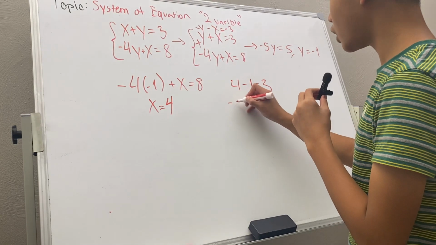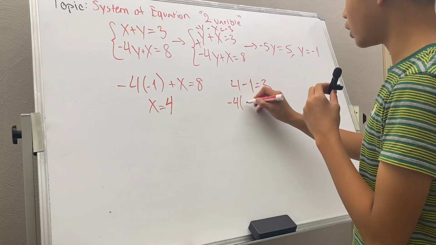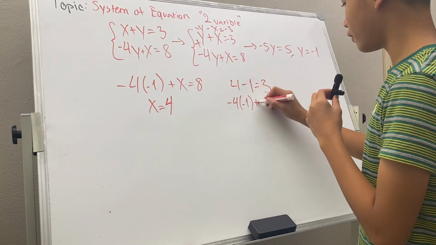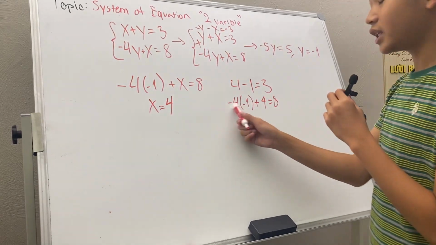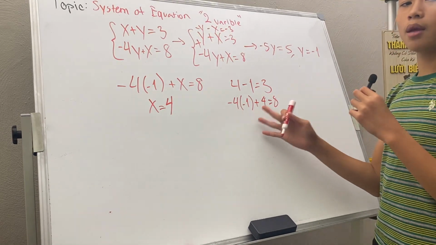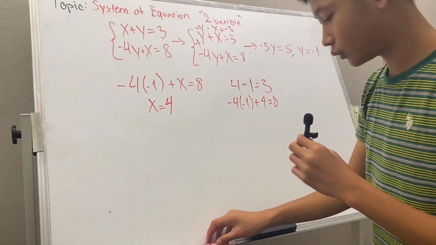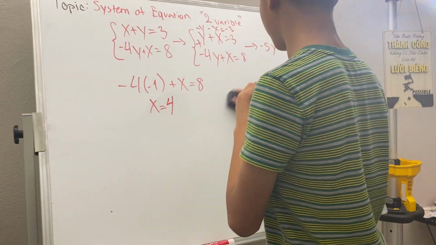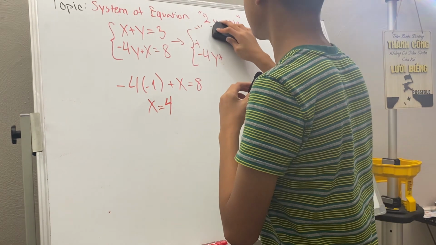And negative 4 times negative 1. Then you add 4 here. This does give you 8, because this and this equal positive 4. Plus 4 to 4 equal 8. That's it for the first one. Pretty simple, right? Very simple.